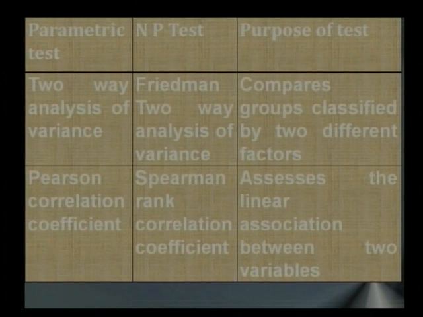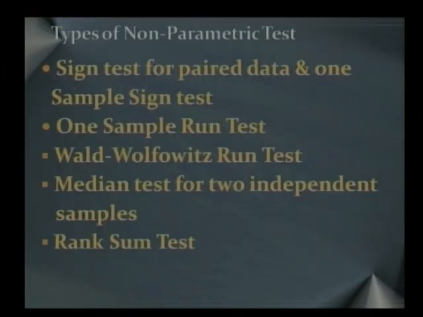Here are also the types of non-parametric tests. The types of non-parametric tests are the sign test for paired data, or one sample sign test. Then the next test is the one sample run test, and in the one sample run test the Wald-Wolfowitz Run Test is there.